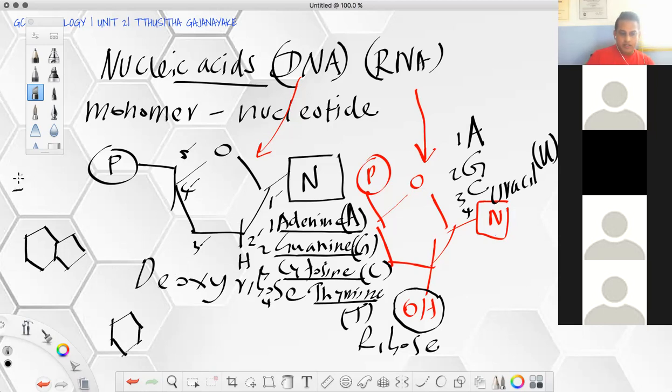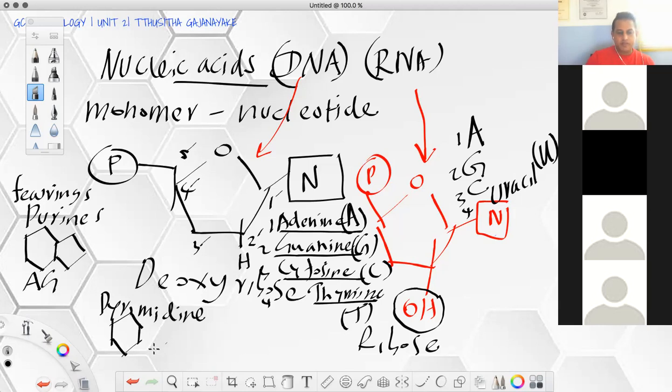So you can remember, this has a few rings. As a result, it gives the name purines. This is called purine and this is called pyrimidine. So purines are adenine and guanine. Pyrimidines are cytosine, thymine and uracil.